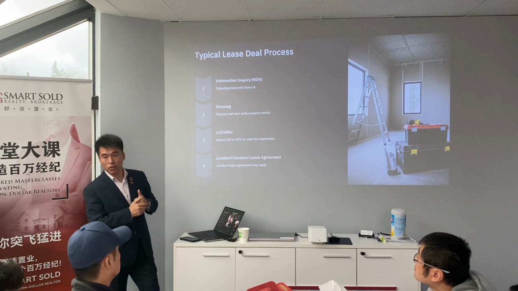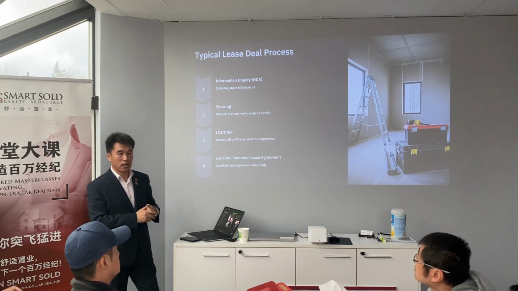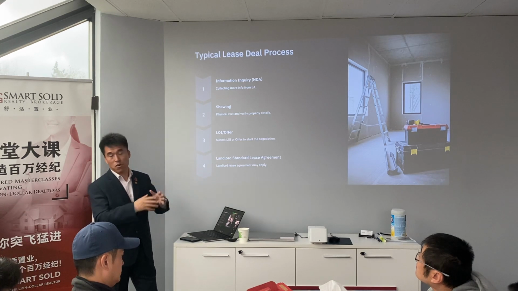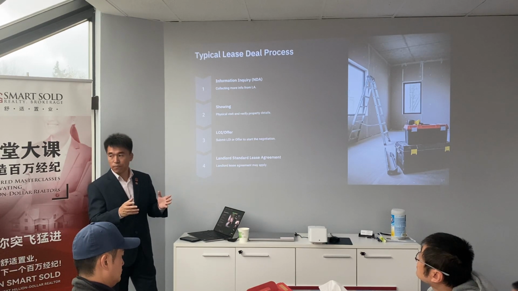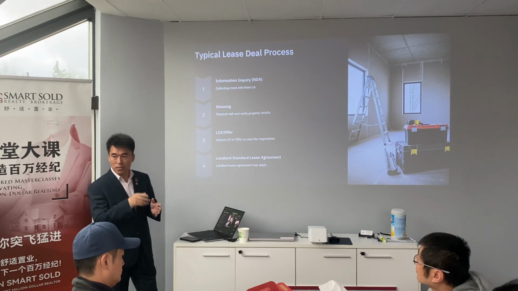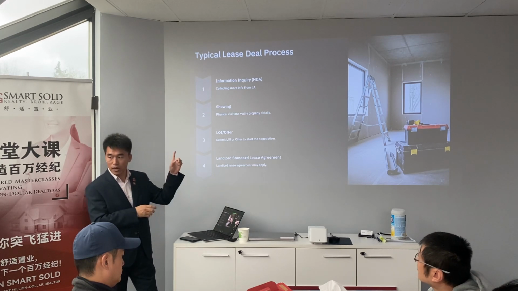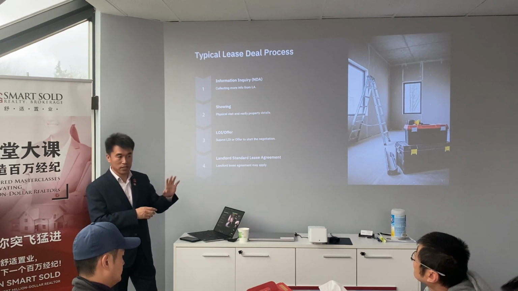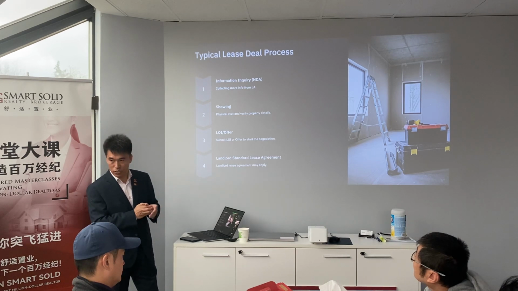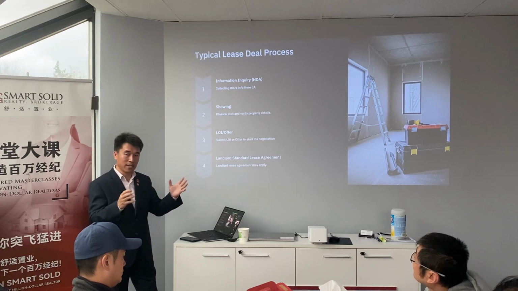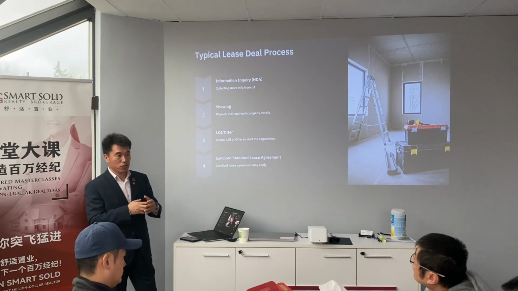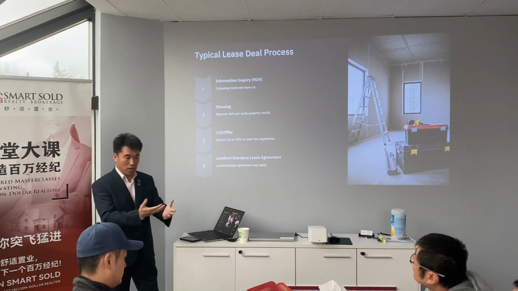Before you go, you ask for an information package, brochure, marketing material or flyer, whatever. You can email or text the listing agent to ask for the information, because the listing may not have enough information for your client to make a decision. For such a big building, walking through takes time, so people prefer to have all the information on their table.